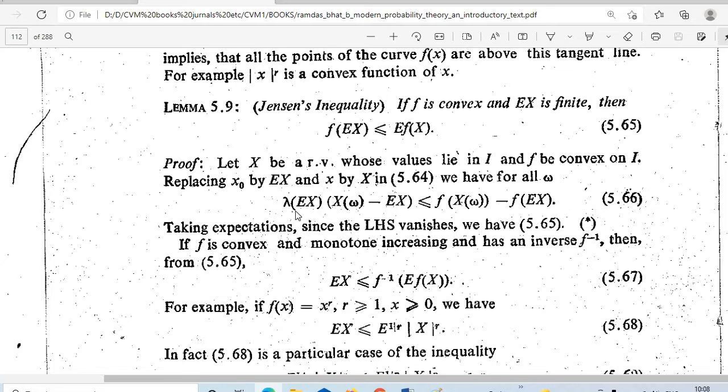Okay, you can take the expectation on both sides.